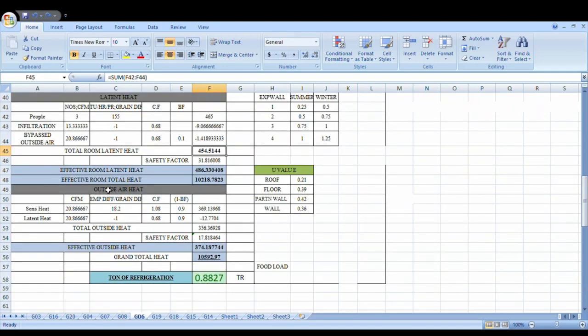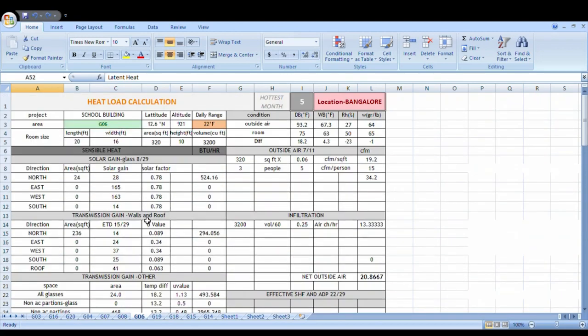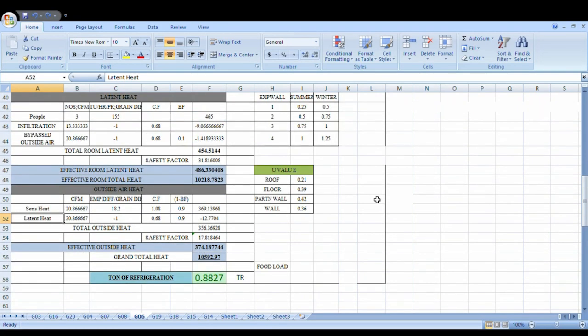Now I will do for outside air heat. It will come automatically, no need to change anything here. Only you have to put the humidity ratio difference, that is -1, and this conversion factor remains constant, and here this 1 minus bypass factor.